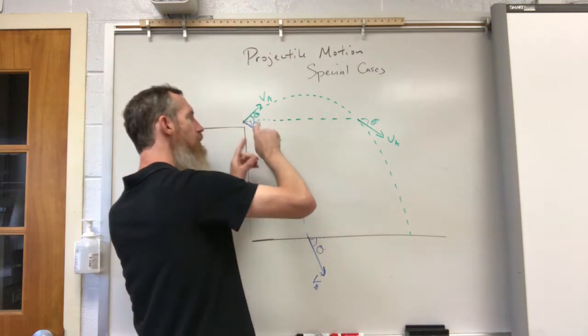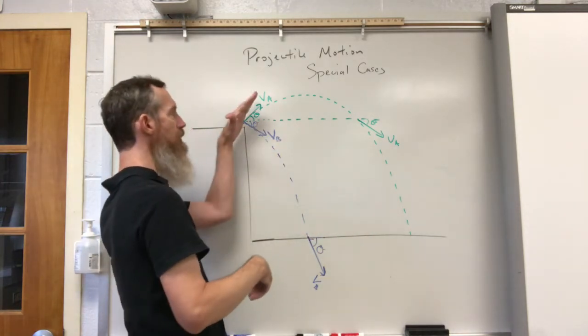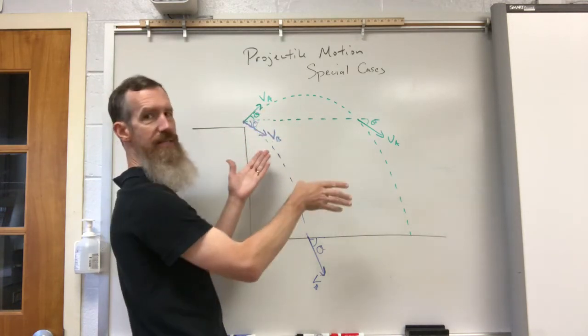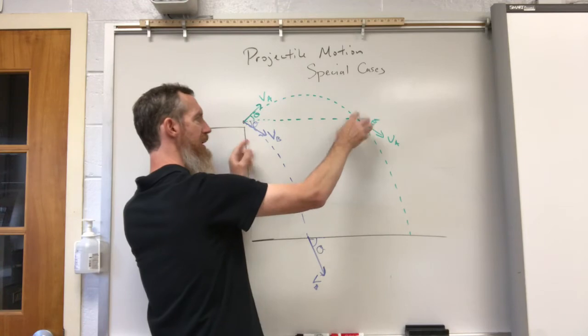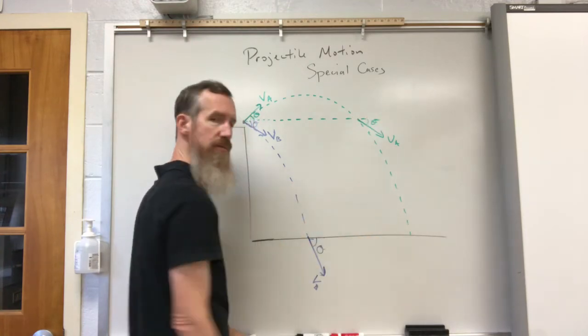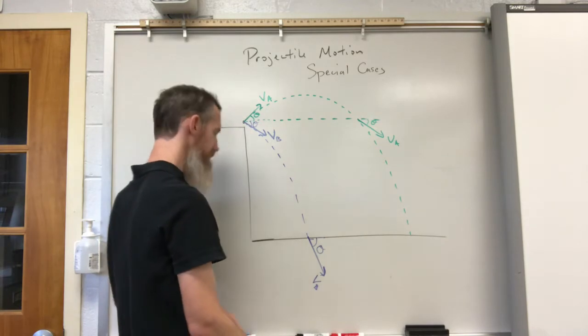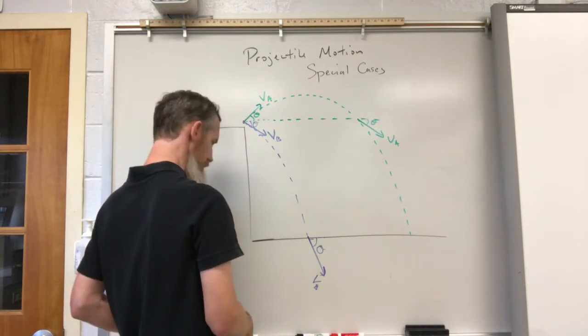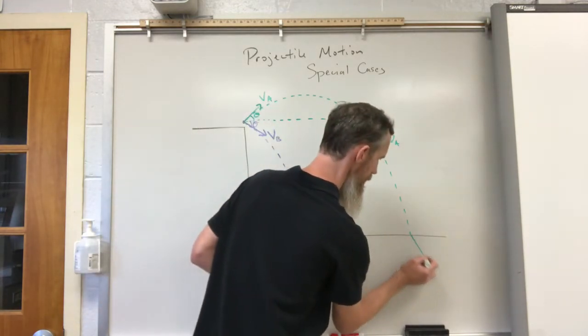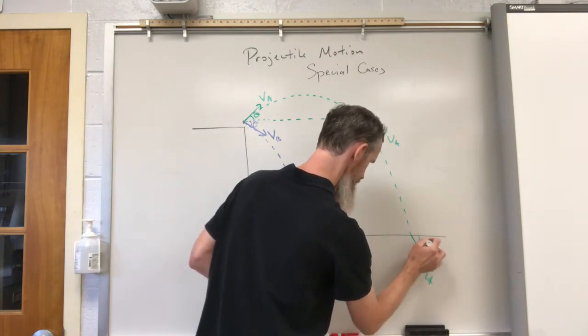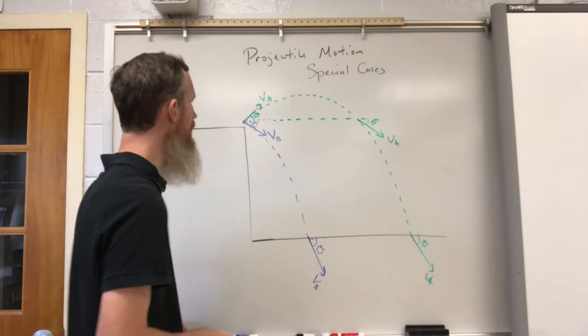So if you launch upward at the same angle compared to downward at the same angle, all you're doing is extending the trip, but once you reach this point, it's identical. And so the final velocities in this particular case are identical, but only for this special case.